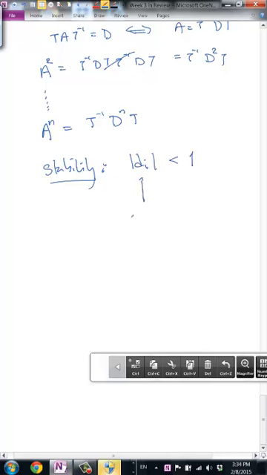And what are these di's? These are nothing else than the eigenvalues of A.